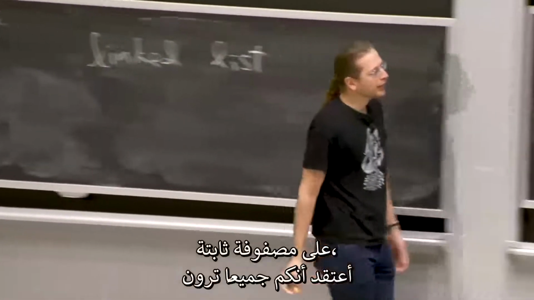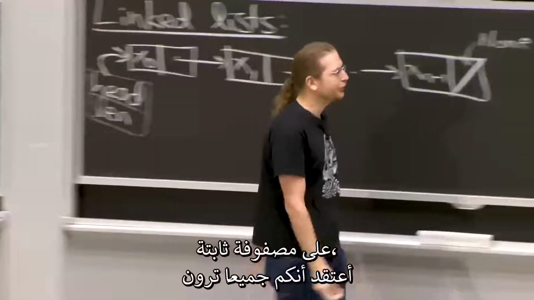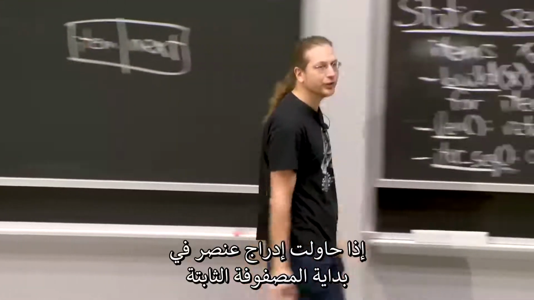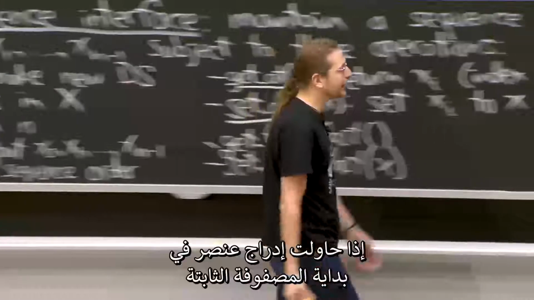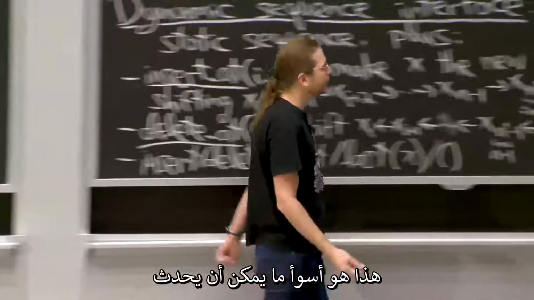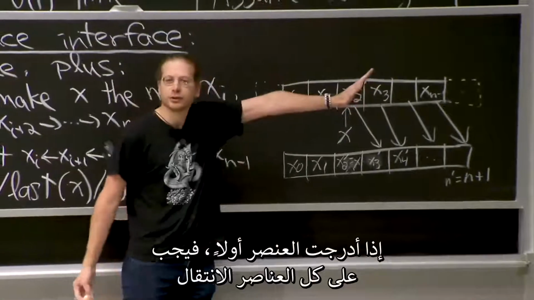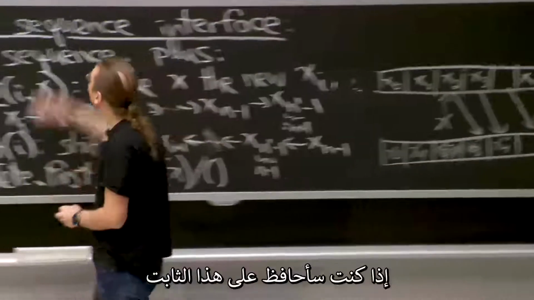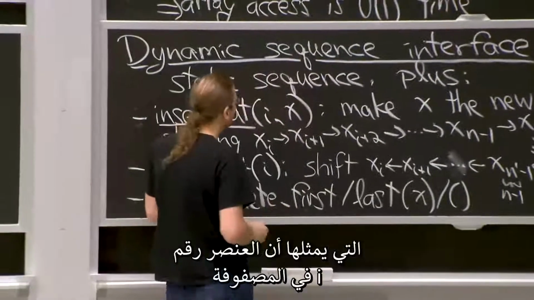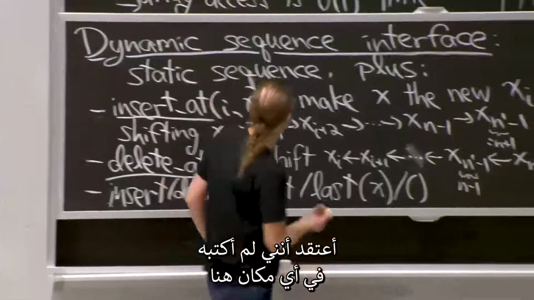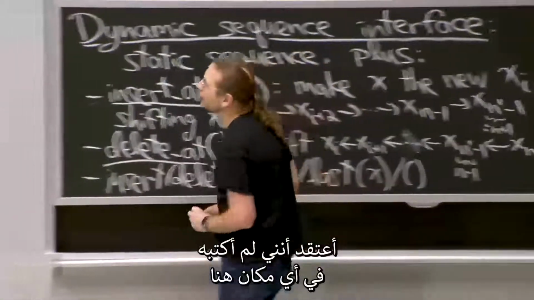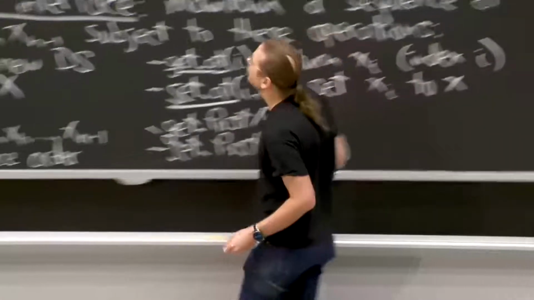So on a static array, I think you all see, if I try to insert at the beginning of a static array, that's kind of the worst case. If I insert first, then everybody has to shift over. If I'm going to maintain this invariant, that the ith item in the array represents, I guess I didn't write it anywhere here, maybe here.